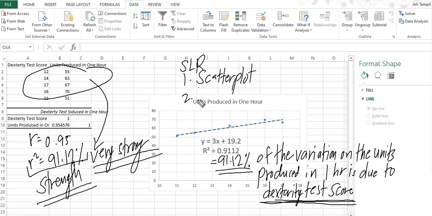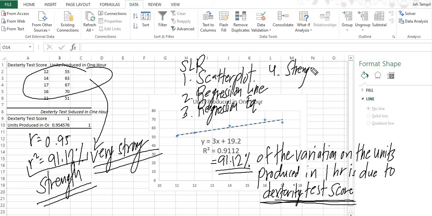We already have our regression line, which shows visually our actual model, which is the regression equation, and we already have determined the strength of the relationship between our two variables by Pearson R and R squared, which are actually saying that this relationship is very strong.